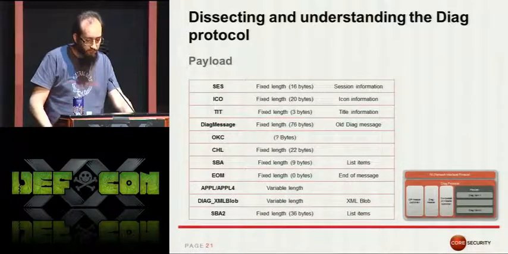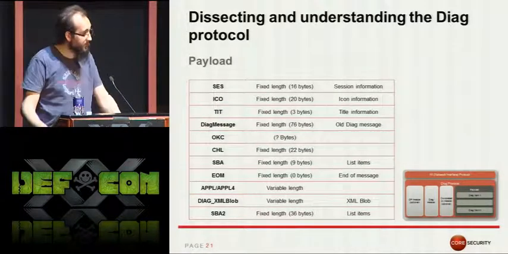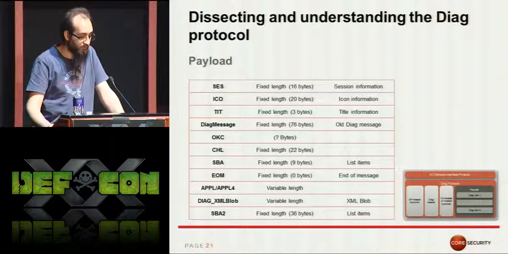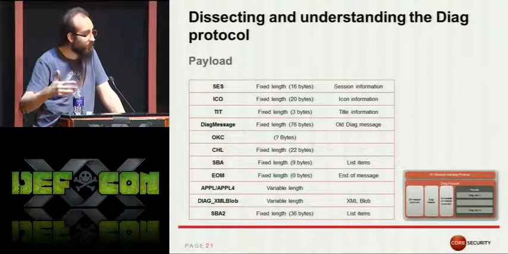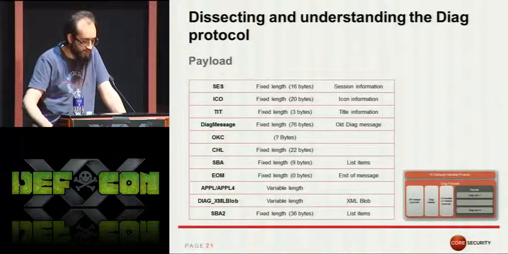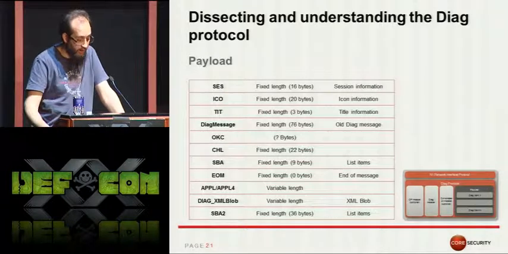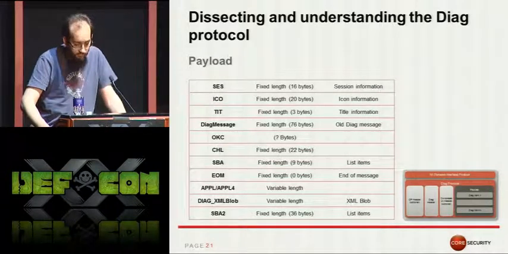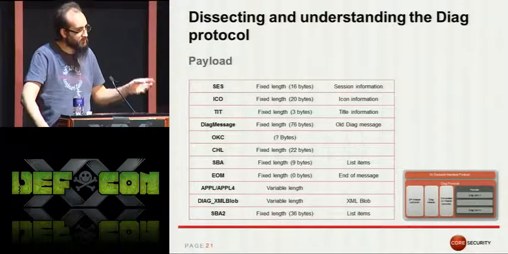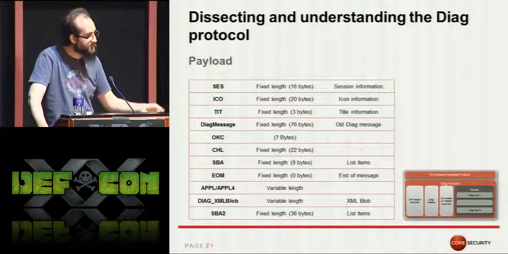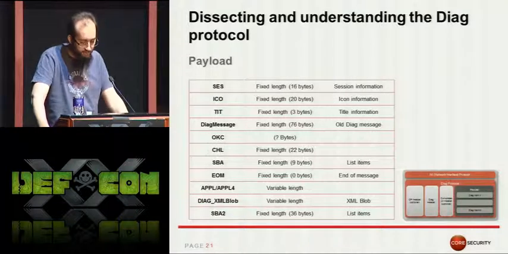The payload itself, which is the most important part of every packet, is composed of a variable number of items. During my test, I identified these 11 different items. Some of them carry information about the screen, about the connection, XML streams, and so on.